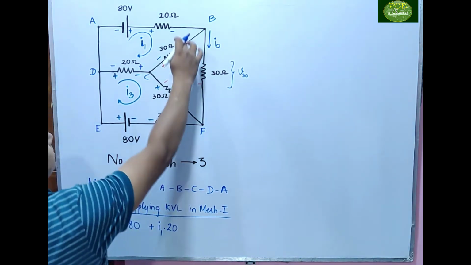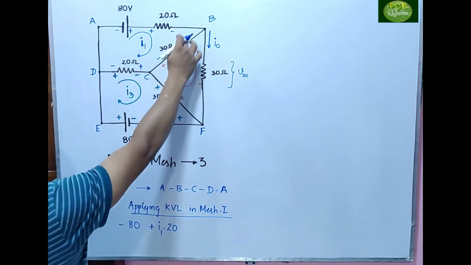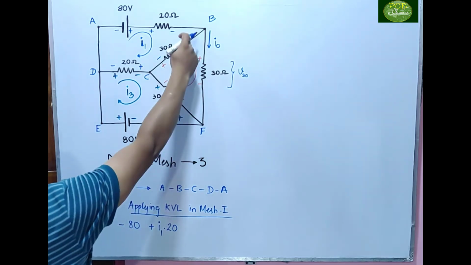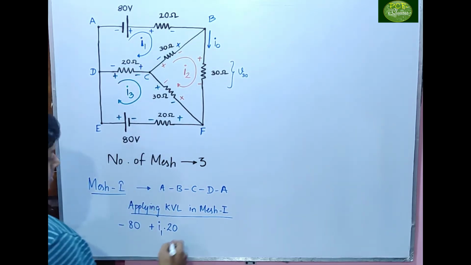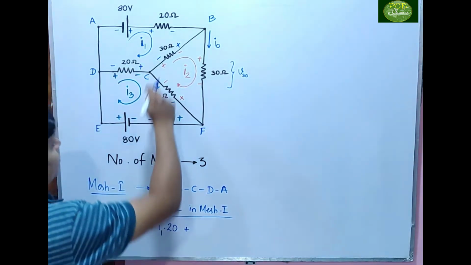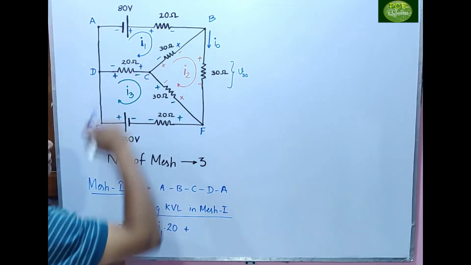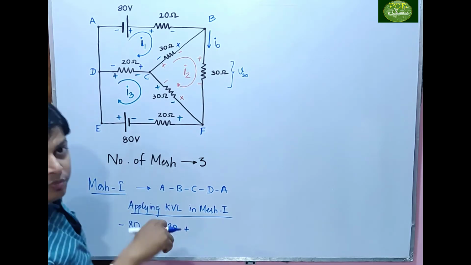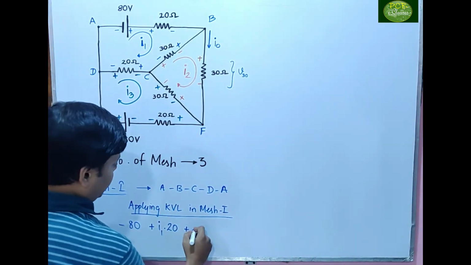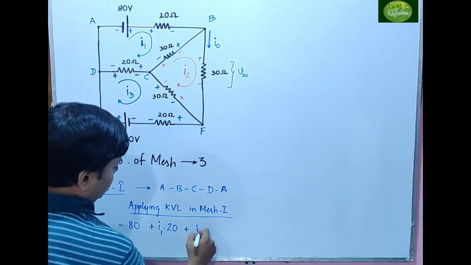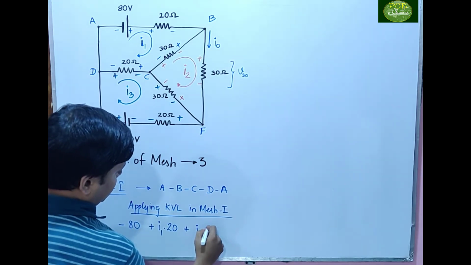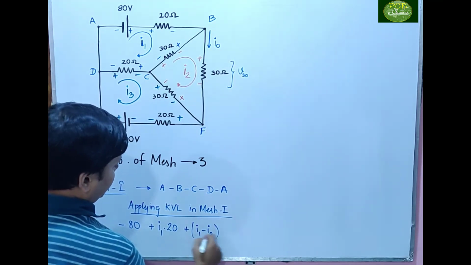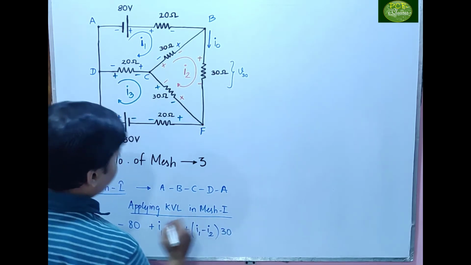Next, the 30 ohm. Where does it enter? It enters positive as per the direction, so it will be plus. But is there any other current flowing in the 30 ohm? Yes, I2. I1 and I2 are opposite to each other, so it will be I1 minus I2 multiplied with 30 ohm.